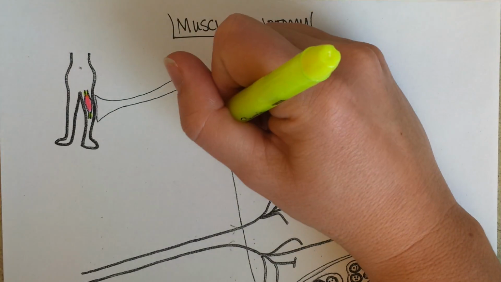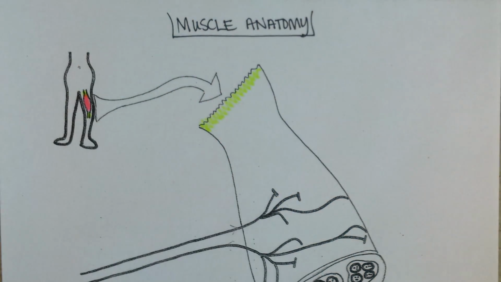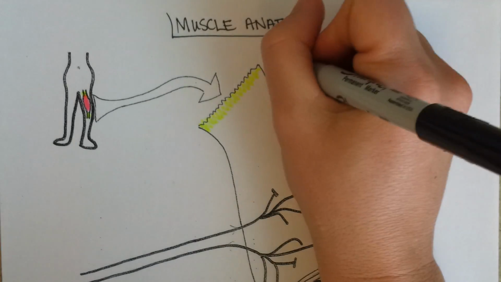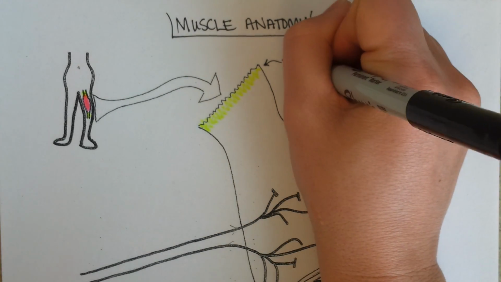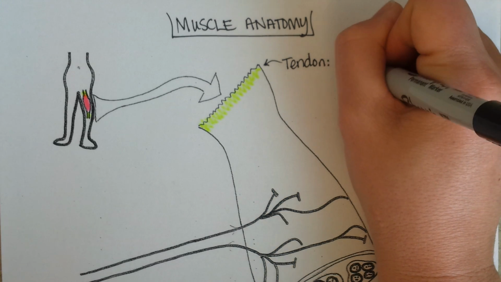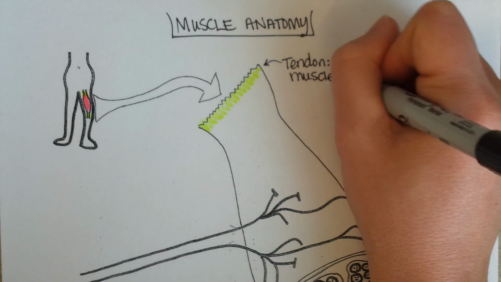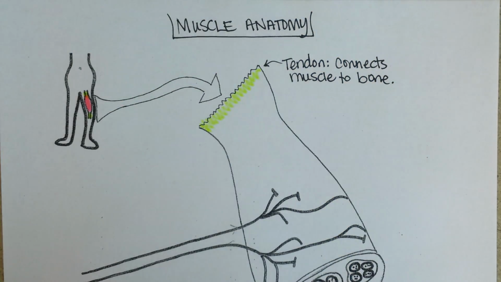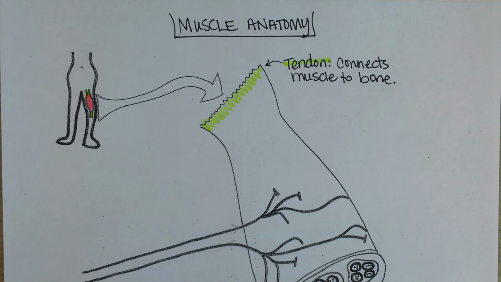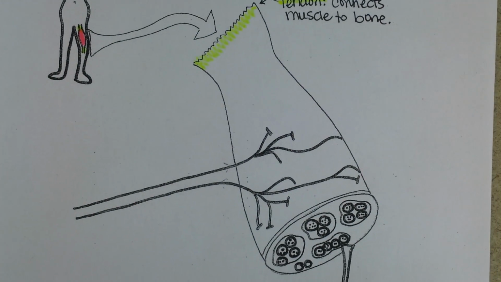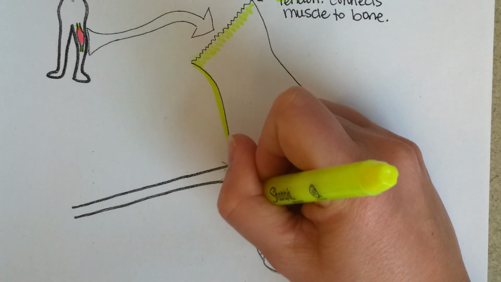So if you're looking at a little section of it, here would be the tendon attaching to the pelvis. A tendon always connects a muscle to a bone. And then similarly, surrounding the whole muscle is a connective tissue called the epimysium.